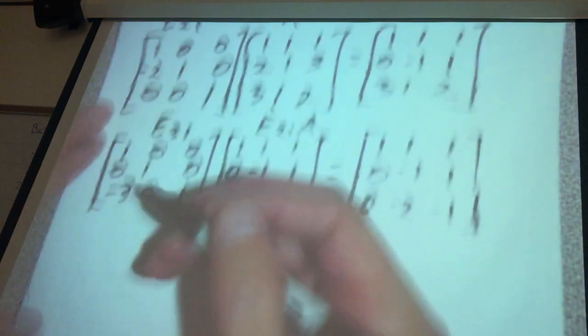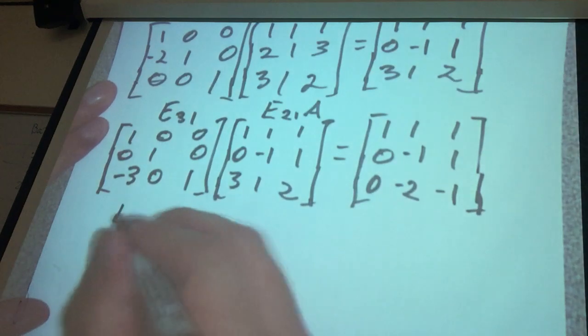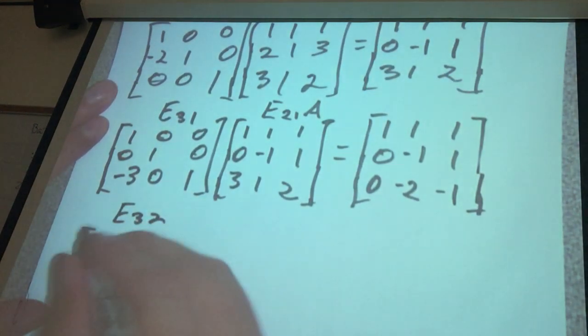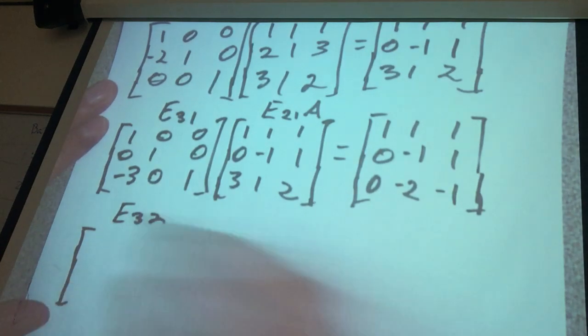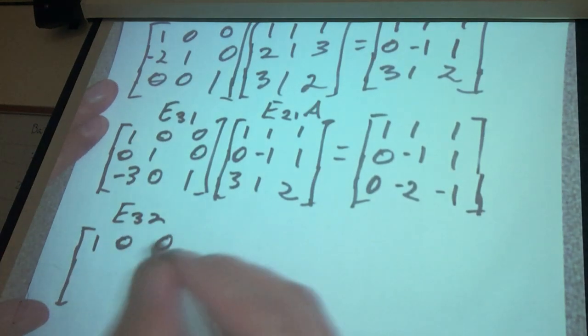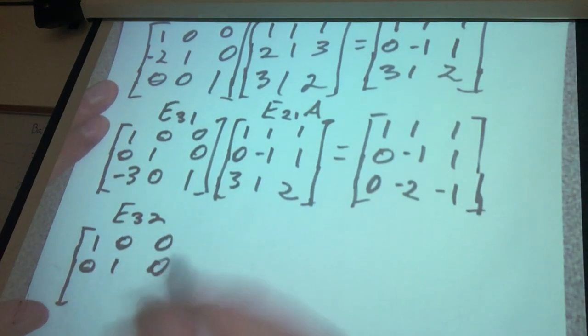All right, now we're going to use the elimination matrix E32. Third row, second column. And so I'm going to have to multiply that guy by a negative 2. So that would be 1, 0, 0, 0, 1, 0, 0, negative 2, 1.